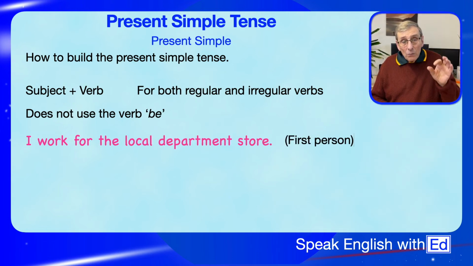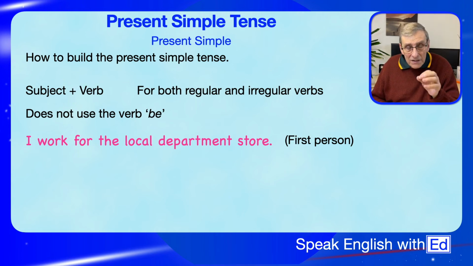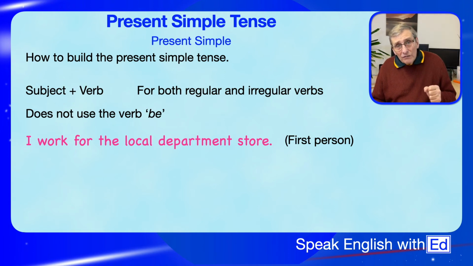You say I, and if we look at this sentence here for a start, we can see I work. This is just plain I, subject, work, verb. No am, is, or are in there at all. I work for the local department store, first person. Now, how are we going to modify this if we use it for the third person? What's it going to be?